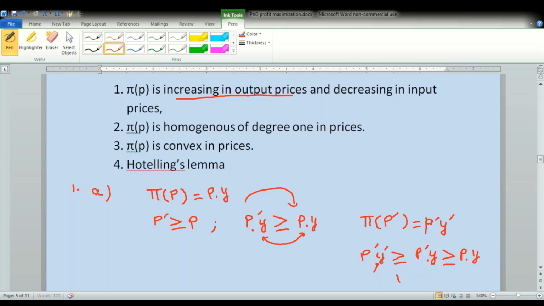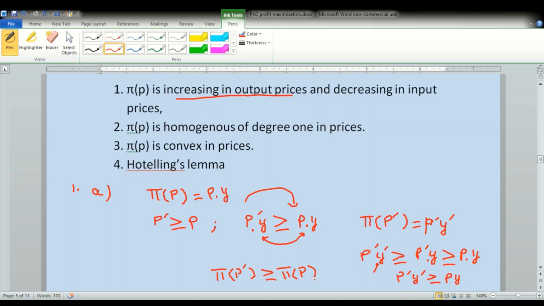And from here I have P dash y dash greater than or equal to P y, so that we can conclude that pi of P dash is greater than or equal to pi of P, given that P dash has higher output prices relative to P, and both vectors have the same input prices.